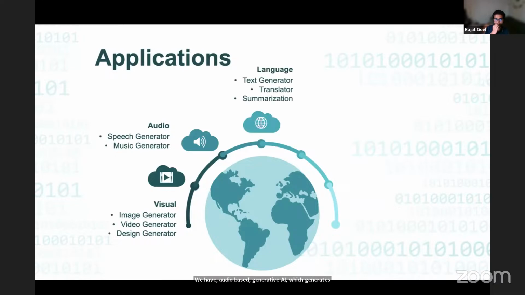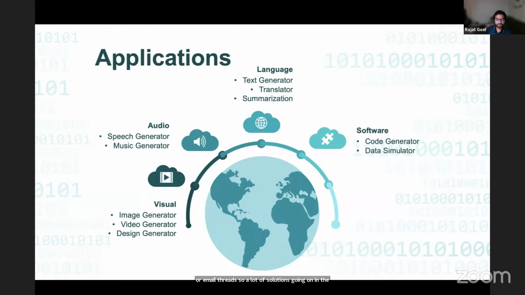We have language-based AI, which is much more like ChatGPT, where we generate text and create translations. We also create summarizations, let's say if we have a whole lot of prose, we can summarize text, or we can summarize meeting notes or email threads. So a lot of solutions going on in the market right now around that.